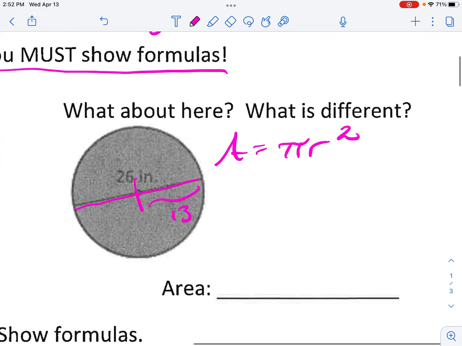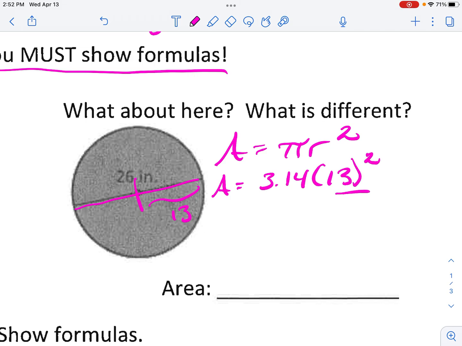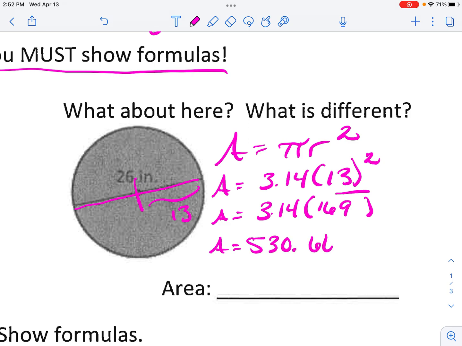So we're going to plug in 3.14 for pi and 13 for our radius and square it. So, exponents first. When you do 13 times 13, you get 169. And then you can multiply that by pi. You should get 530.66. We're going to label it inches squared.